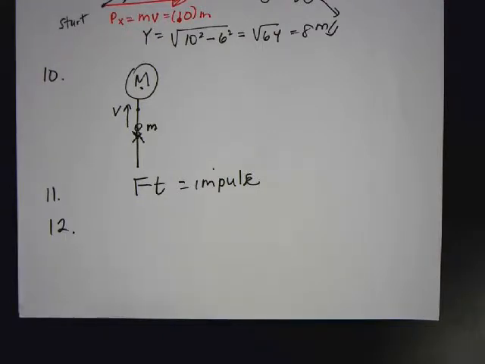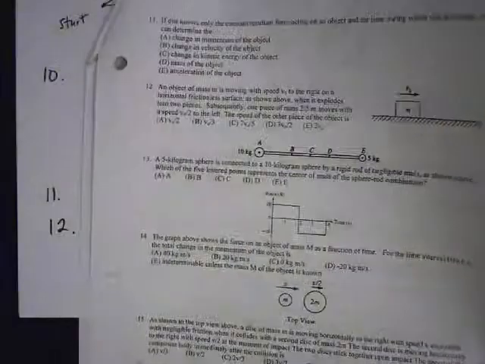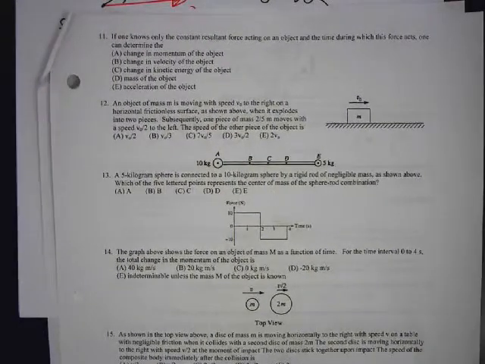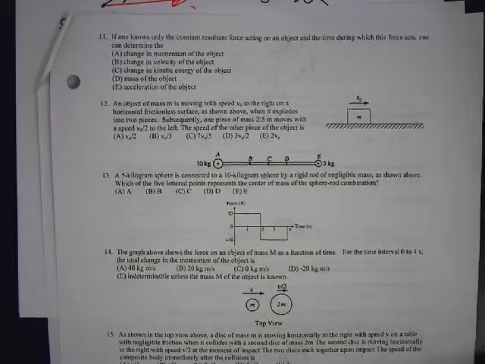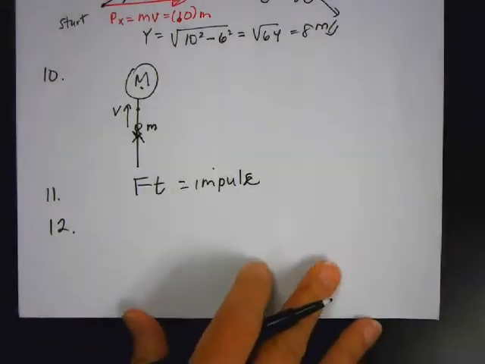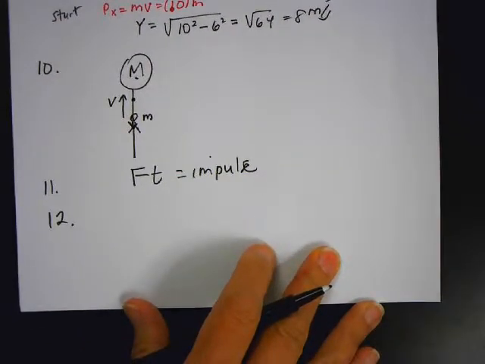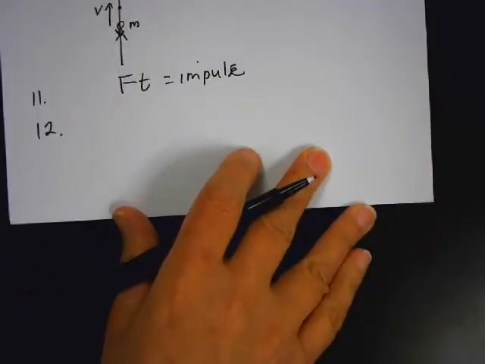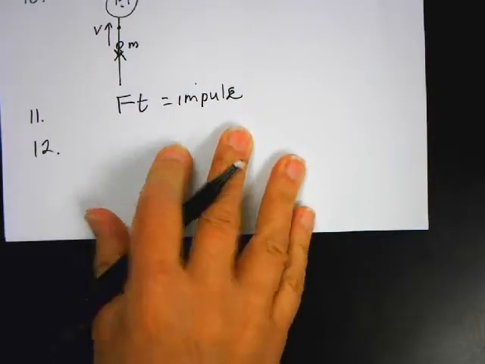All right, number 12. It says an object of mass m is moving with the speed v naught to the right on the horizontal. So here's the picture. When it explodes into two pieces, subsequently one piece of 2/5 m moves with the speed v naught over 2 to the left. The speed of the other piece is... So again, the key here is the total momentum before is equal to the total momentum after.